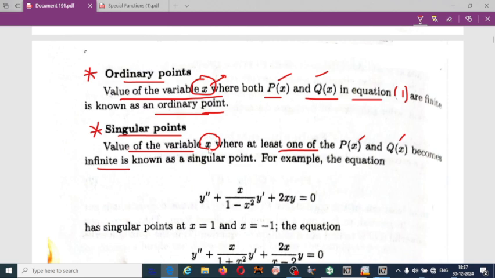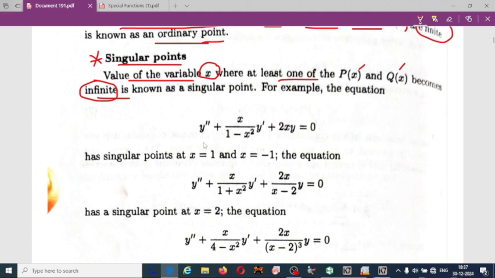If you put in a value of x and either coefficient p or q becomes infinite, we call it a singular point. If they are finite, we call it an ordinary point. So let us take an example: y double dash plus x divided by 1 minus x square y dash plus 2xy. Here this is p and 2x is q.